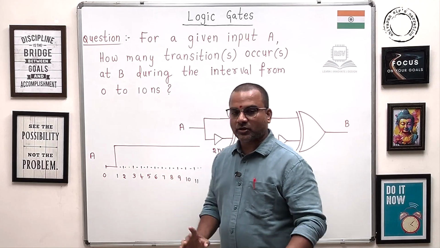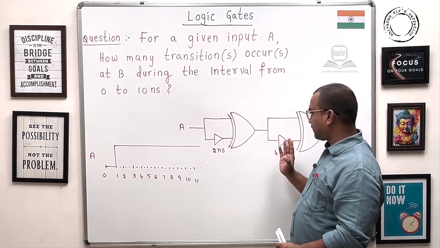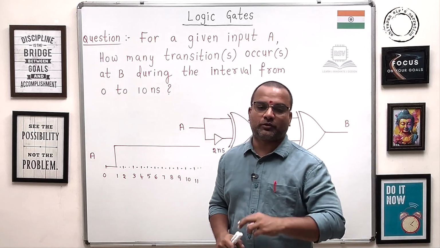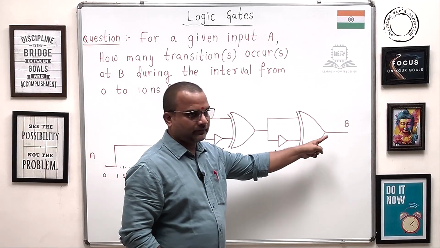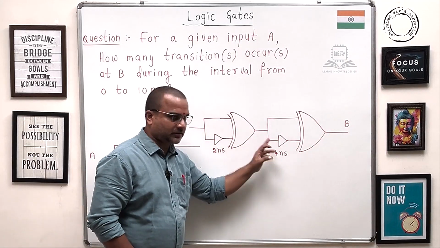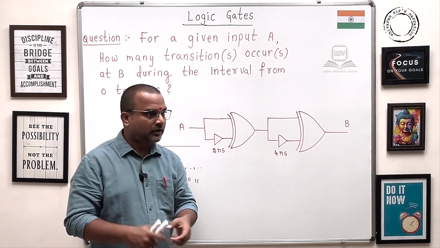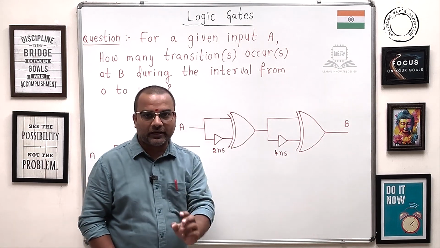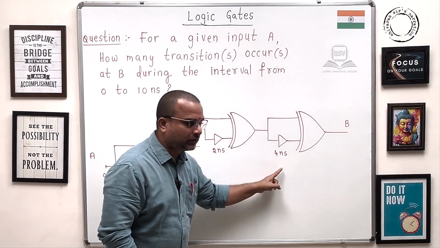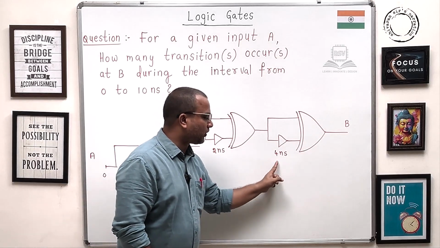In such case, what will be the output, I mean the waveform or the number of transitions in the output waveform at B? The design contains 2 XOR gates and 2 buffers, and here the twist is the XOR gates' propagation delay is 0 and the buffers' propagation delays are 2 nanoseconds and 4 nanoseconds.